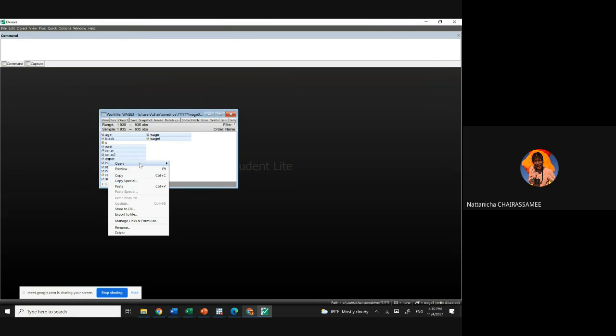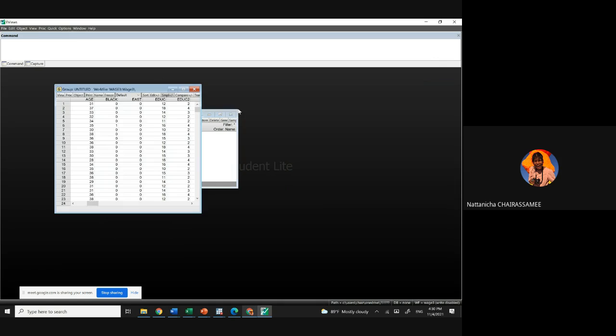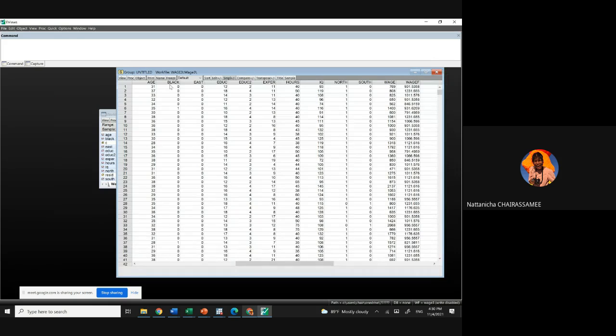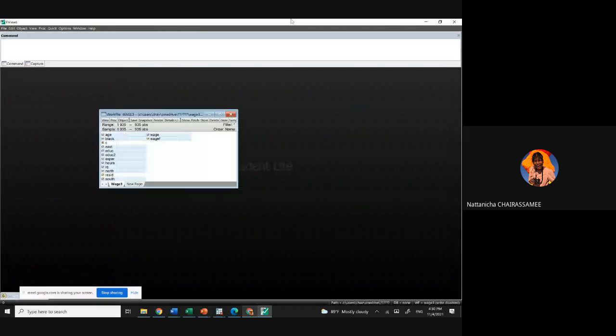If you take a look at your data set, we have Black as our dummy variable, and I would like to see, if non-white people live in the South, how is that going to affect their wage? So I'm going to interact this dummy variable with the South dummy variable.